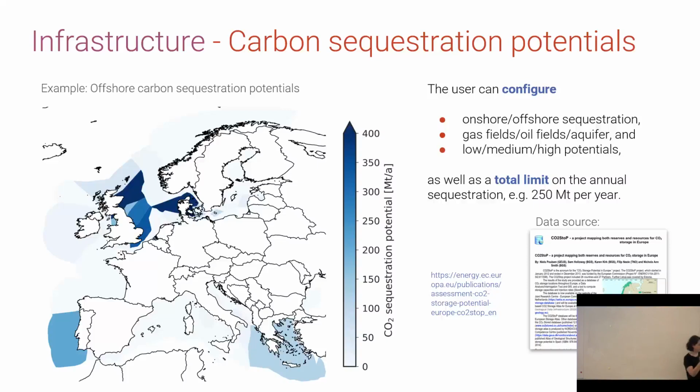We give the option to be a little cautious on the solution by imposing an additional limit on the annual sequestration. By default, this is 250 megatons per year. This is more an ad hoc limit to avoid that we end up with solutions that rely strongly on using CO2 sequestration, right?